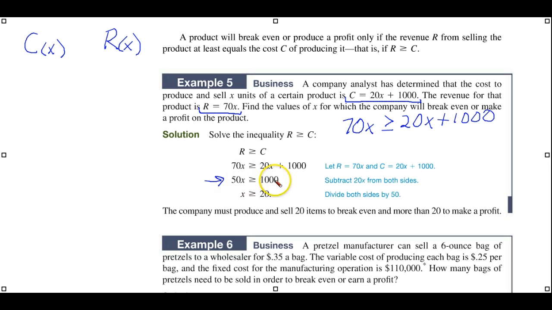Divide both sides by 50, and we get x is greater than or equal to 20. So our answer statement, a company must produce and sell 20 items to break even, and then more than 20 items to make a profit.